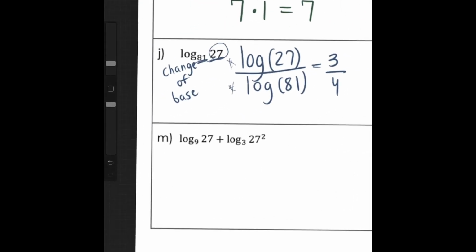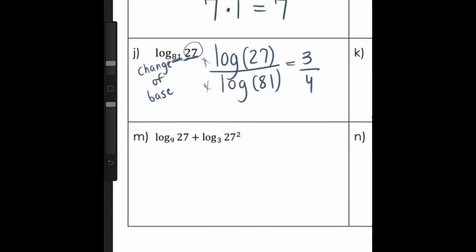Now down here, we're going to have to first sometimes apply the power rule. So this one's simple.